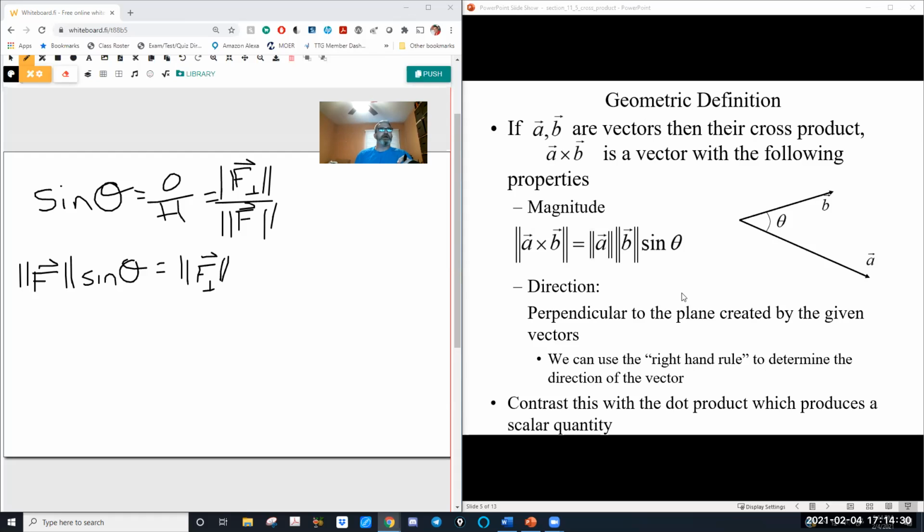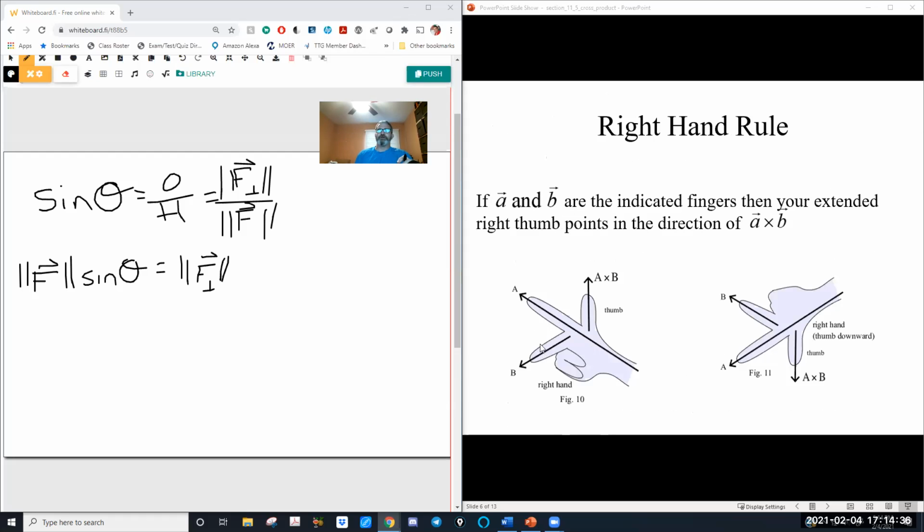The other way is this way. You can use your index finger and your middle finger. My index finger is in the direction of A, my middle finger in the direction of B, and the result is coming out of the screen.